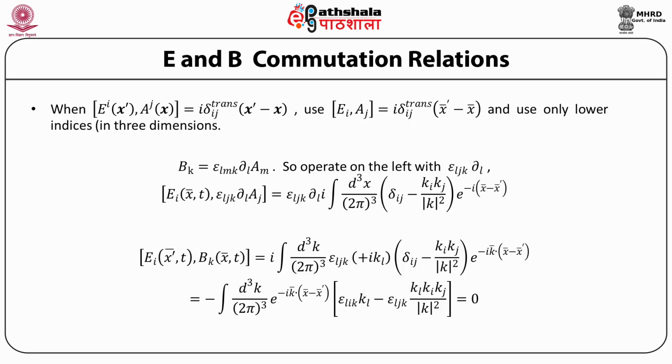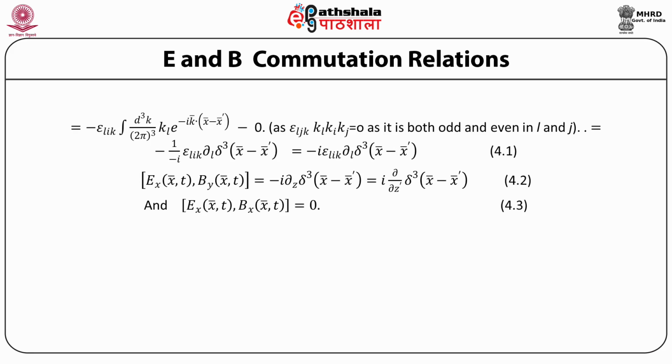This comes from the transverse part, into exponential minus i k·(x minus x'). This is equal to minus the integral over d^3k exponential minus i k·(x minus x') multiplied by ε_lik k_i minus ε_ljk into a product of k_l, k_i and k_j divided by k squared, and this is equal to 0.